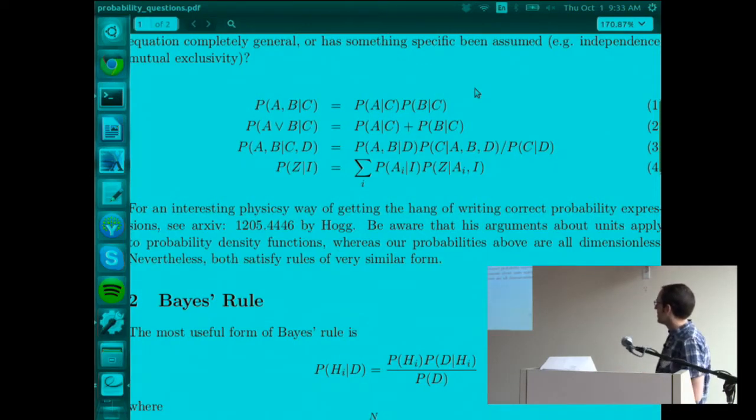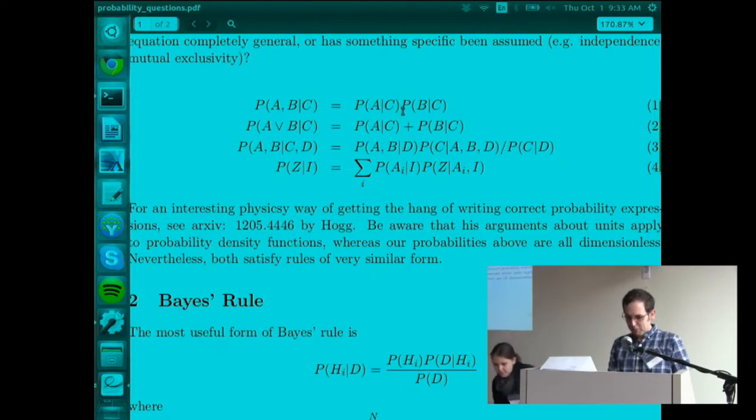Looking at the first one, we've got the probability of A and B given C, written as the product of the probability of A given C times the probability of B given C. The fact that we're calculating the probability of an AND using a product means that's an example of the product rule. The given C is on the right-hand side of all of the expressions, so we can forget about it. That's like background information of this equation.